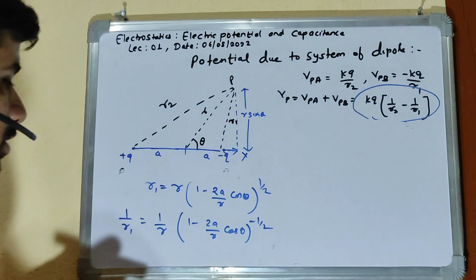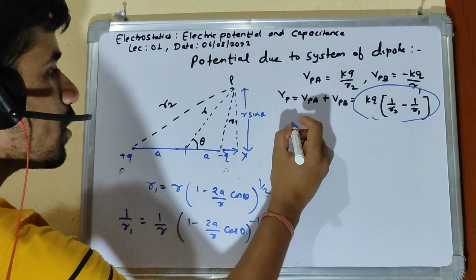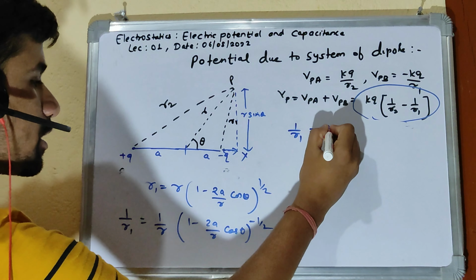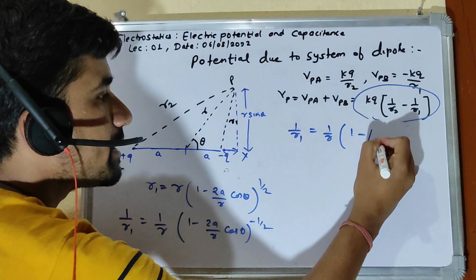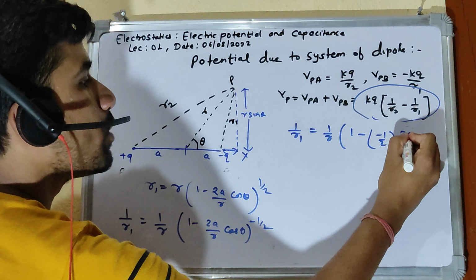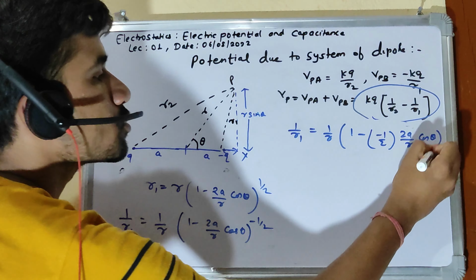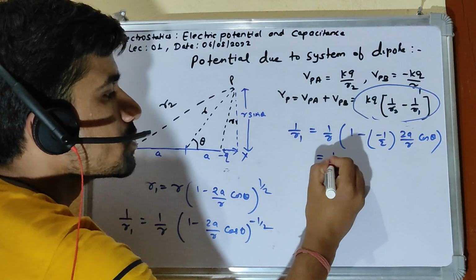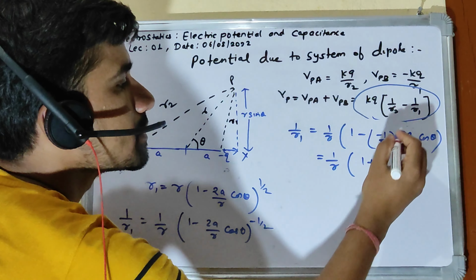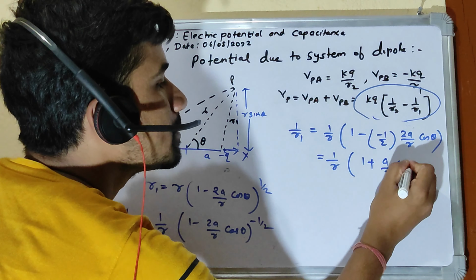So now let's find this 1 by R1. 1 by R1 is 1 by R into 1 minus, I'll bring this power here, minus 1 by 2 into 2A by R cos theta. How the binomial comes, we will discuss in mathematics later on. So this is nothing but 1 plus A by R cos theta.